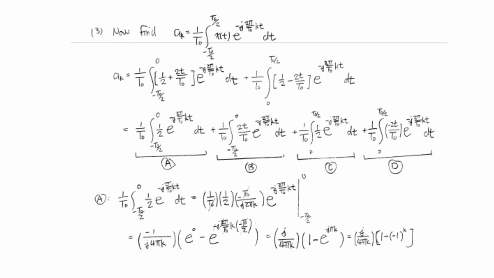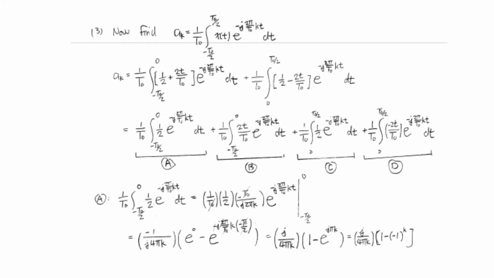So a_k is going to be equal to the first integral. We're going to go from minus T0 over 2 to 0. And the equation of the line for that portion looks like this, where we have a slope of 2 over T0 and an offset of 1/2. You can look at the plot carefully to come up with this. And then we're going to multiply it by the exponential, which is the same here.